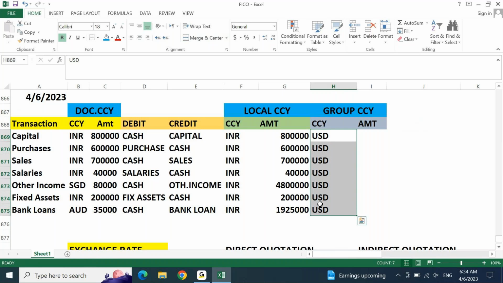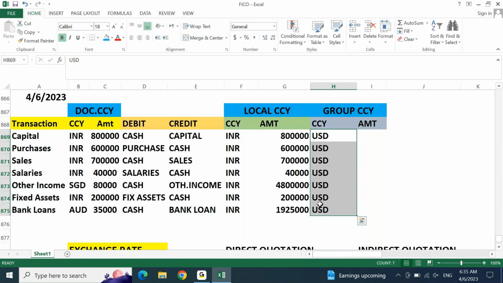Am I correct? That is how anybody will tell the dollar rate: 80, 75, 76. Nobody will tell you 0.17 today, 0.18 today, 0.20 today.